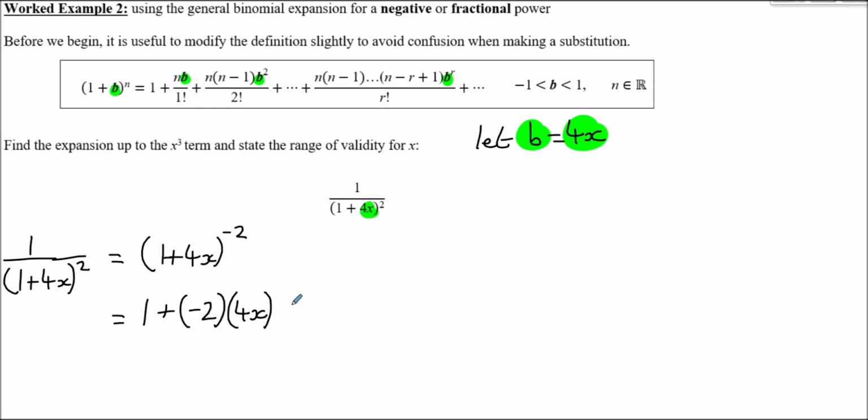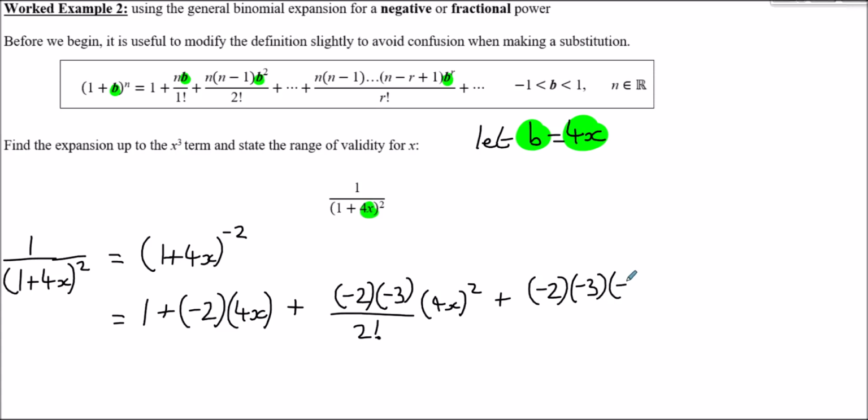And then after that, we're going to have minus 2 times minus 3 all over 2 factorial, multiplied by (4x) all squared. And finally, the x cubed term will be minus 2, minus 3, minus 4, all over 3 factorial, all of that multiplied by (4x) cubed.